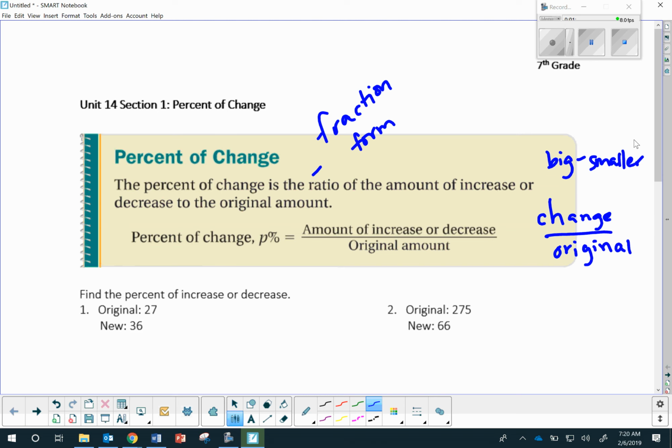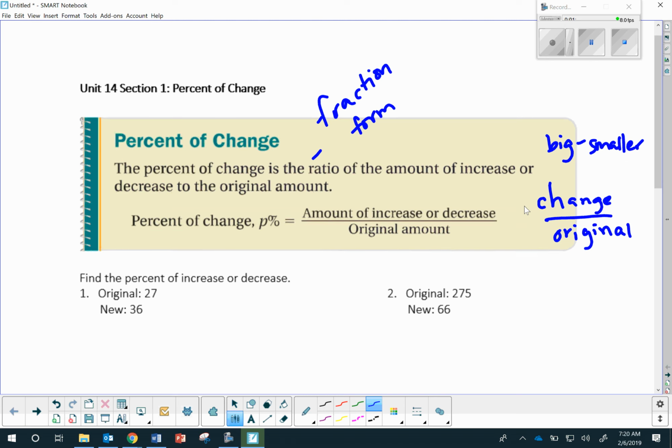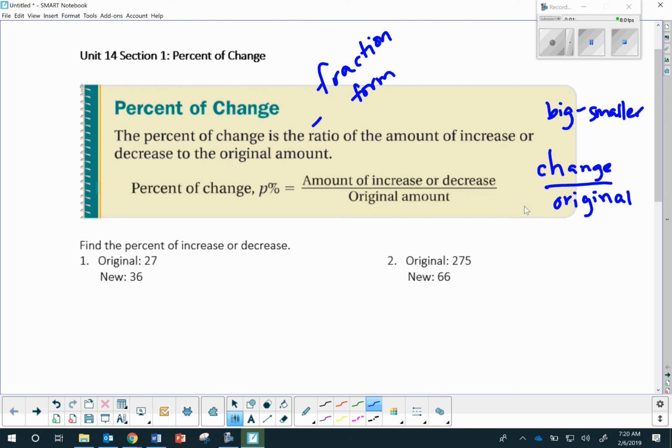So let's go ahead and look at number 1. We're looking for our change, so we're going to say the bigger number is 36, subtract 27, and all of that is over our original amount, which is 27. When we subtract 36 minus 27, we get 9 over 27.